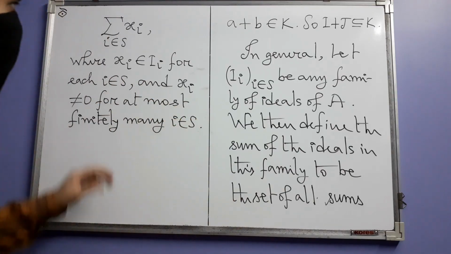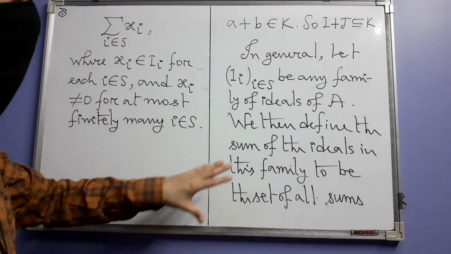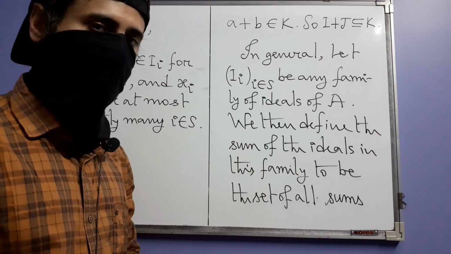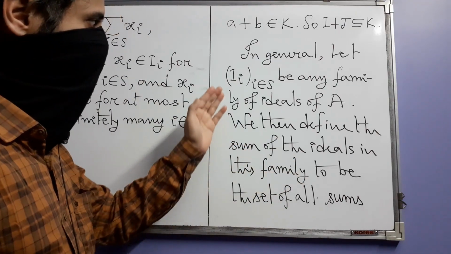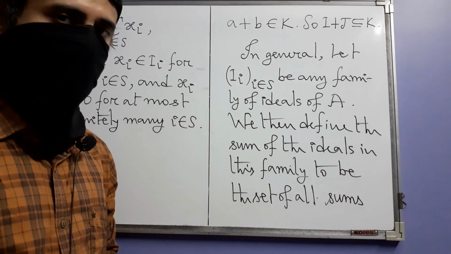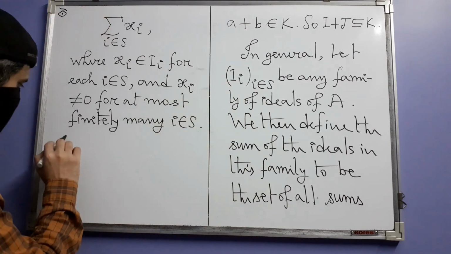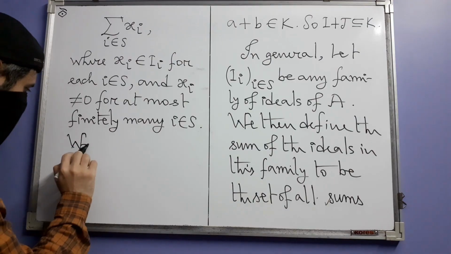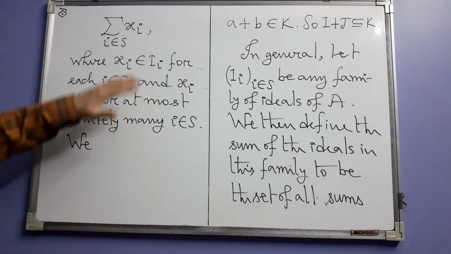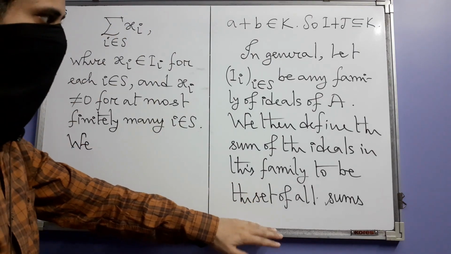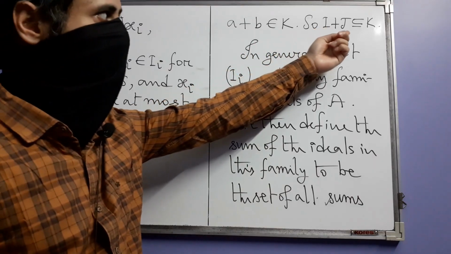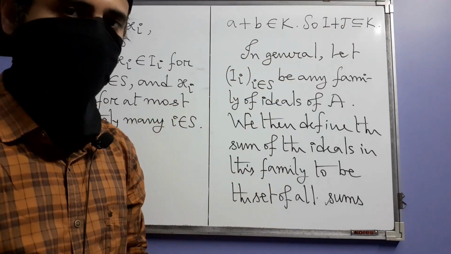Okay. So the set of these sums forms an ideal, and that is defined to be the sum of these ideals. By the way, to verify that this set is an ideal, you can proceed just like how you show that I plus J is an ideal.